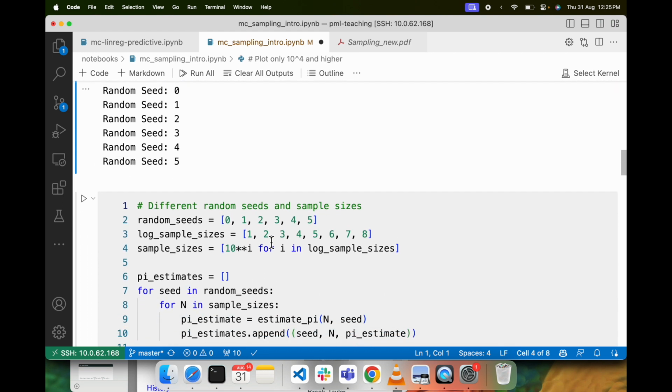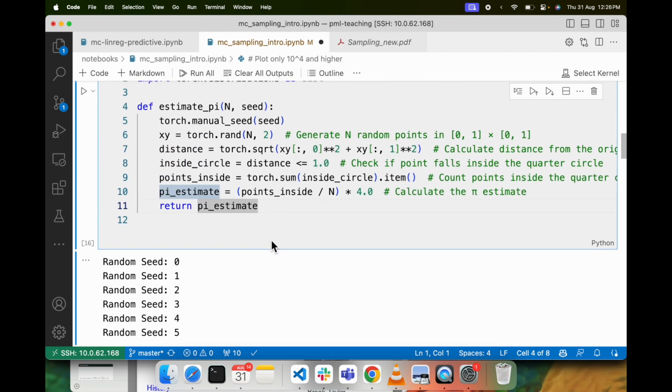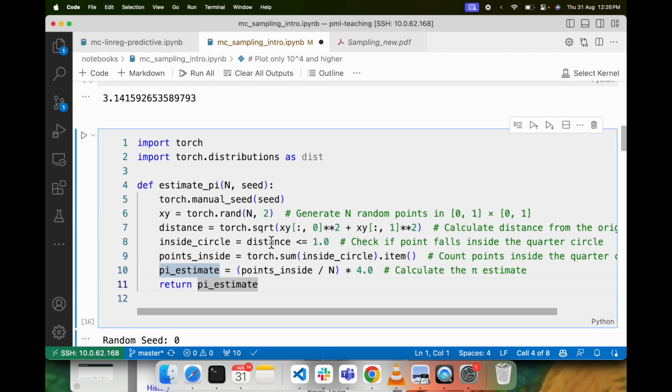Someone asked, so Ritik was asking, how many samples would you need, right? How many samples do you think you'll need from this to get a good estimate of pi? So actually let's try and see this in action also. I will write a bit of code for this.